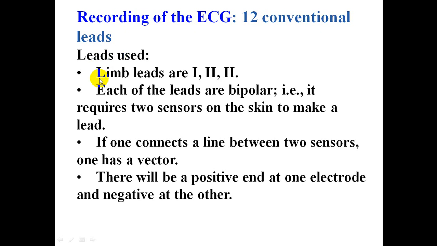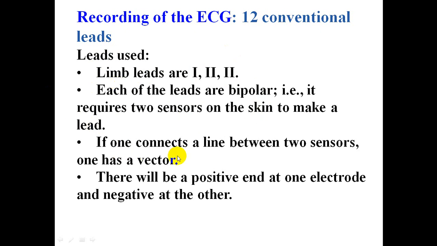There are limb leads called lead 1, lead 2, lead 3. Each of these leads is bipolar. What that means is that it requires two sensors on the skin to make a lead, one positive and one negative.